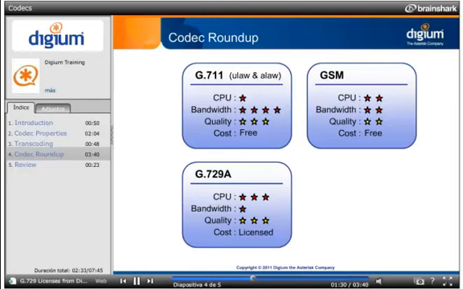License fees for its use are usually included in VoIP phones, but separate licenses must be purchased from Digium to transcode to or from G.729 in Asterisk. You can visit the product page for the G.729 licenses Digium offers by following the link in the Attachments tab of this presentation. There are several variants of G.729.